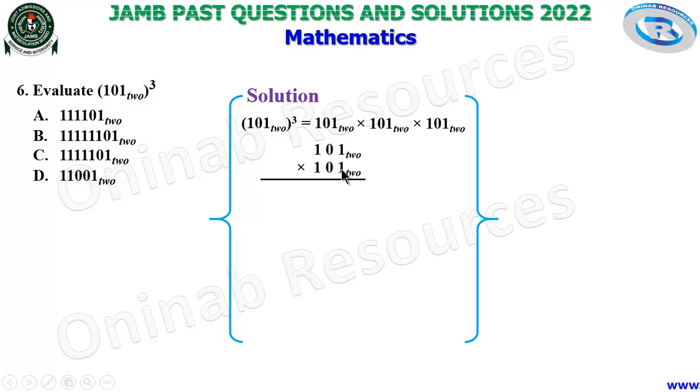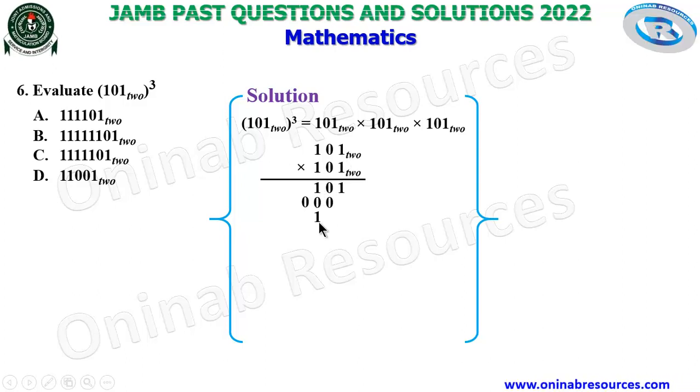So this is better. So 1 times 1 gives 1. 1 times 0 gives 0. 1 times 1 gives 1. I then pick the 0. 0 times 1, 0. 0 times 0, 0. 0 times 1, 0. Then I pick this one again as my multiplier. 1 times 1 gives 1.